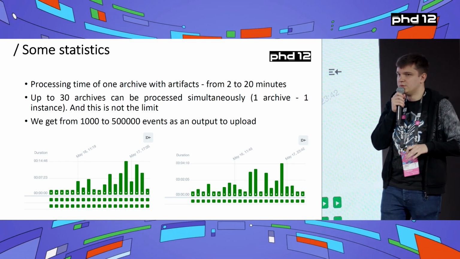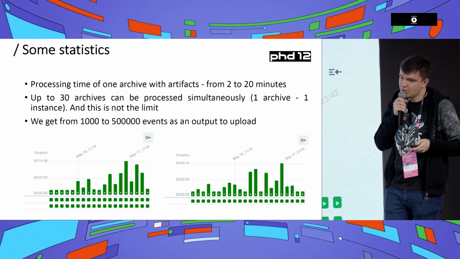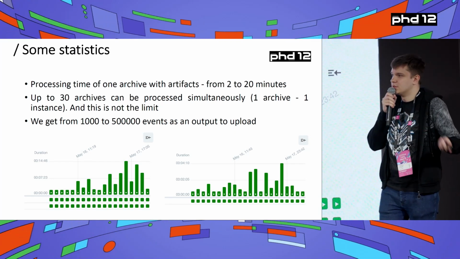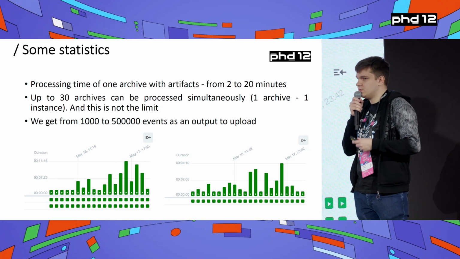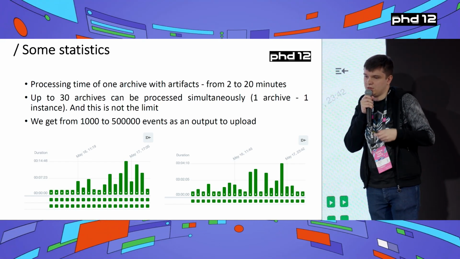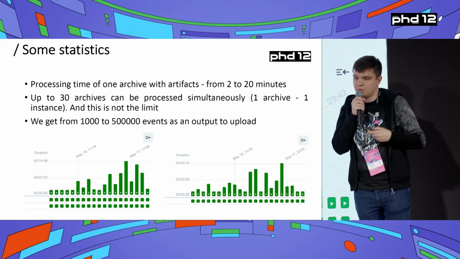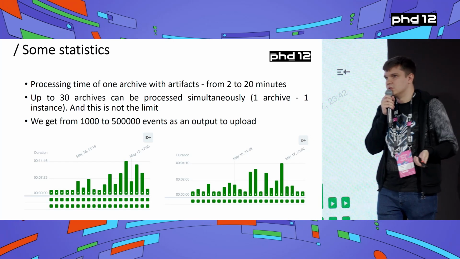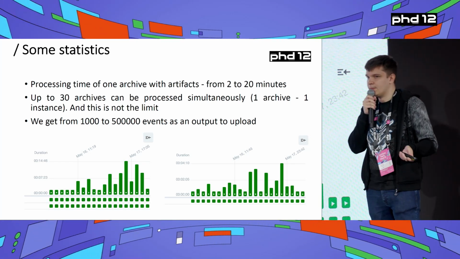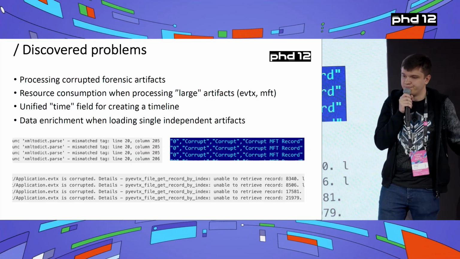Because of these big artifacts, the pace of processing may go down. We may launch up to 30 different archives, which can be processed simultaneously. And we would get from 1,000 to 500,000 events as an output.